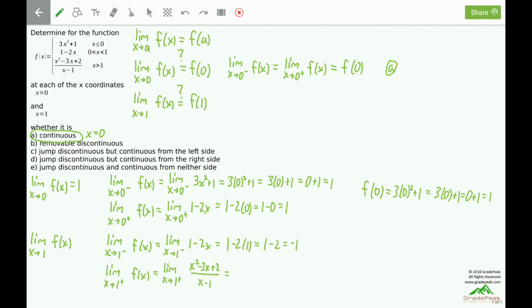First thing to do is try plugging a 1 in for each of the x's. That'll give us 1 squared minus 3 times 1 plus 2 over 1 minus 1. 1 squared is 1. Minus 3 times 1 is minus 3, and then plus 2 over 1 minus 1. 1 minus 3 is a negative 2, plus a 2 is a 0, and then 1 minus 1 is also a 0. We have the 0 over 0 indeterminate form, so we will have to rework this.